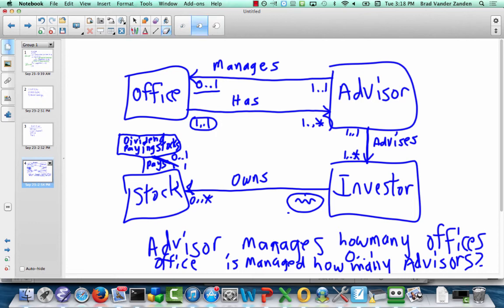Well, that's a bug. I'm sure I didn't do that. Okay, so a dividend has a minimum of one and maximum of one stock that it's associated with.